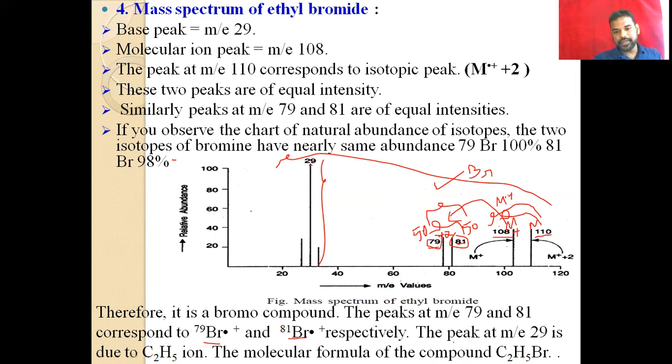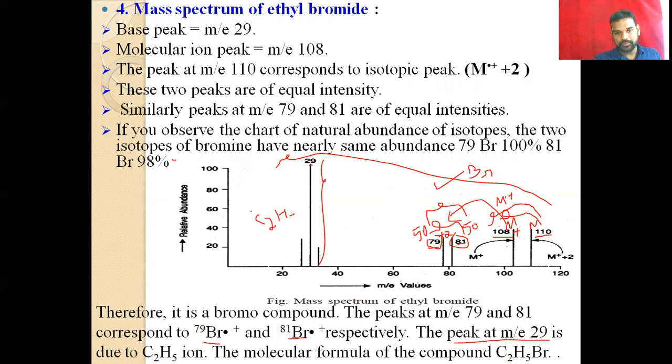Then we have to explain the base peak. The base peak at 29 is because of the presence of C2H5.